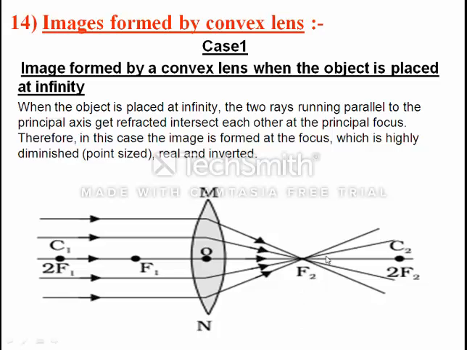So what is the nature? The image is real and inverted, point size, formed at the focus, and highly diminished. Since it is point size, very small, it is highly diminished. This is the first case of convex lens.